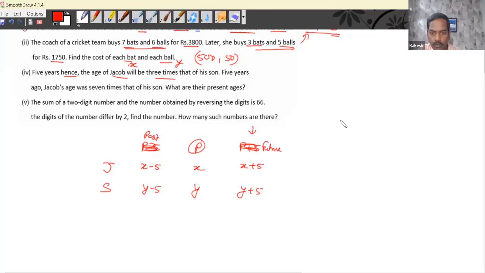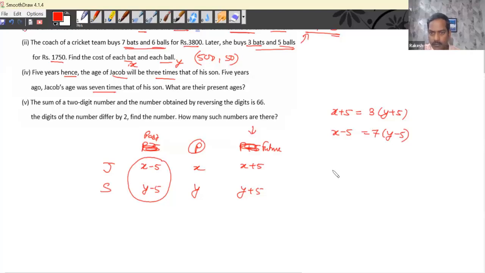That means this value x plus 5 was equal to 3 times the age of his son. This will happen after 5 years. But 5 years ago, the relation was that Jacob's age was 7 times. That means 5 years ago, we have to take this age. The age of Jacob was 7 times the age of his son. Again, we have two equations, right?